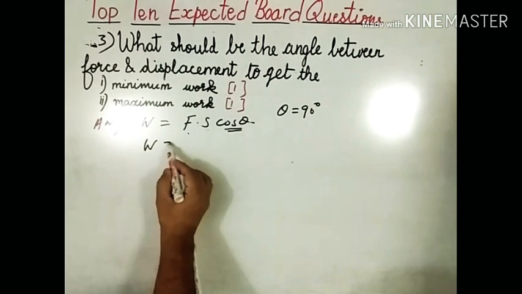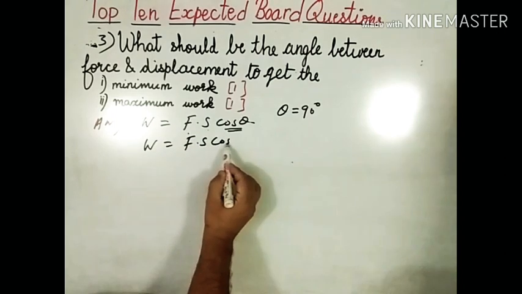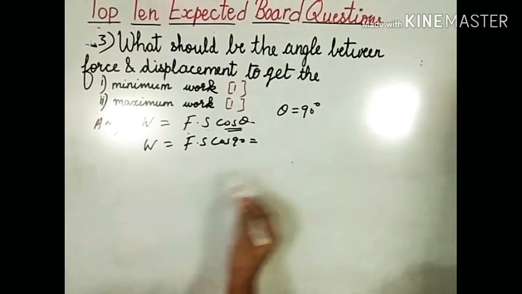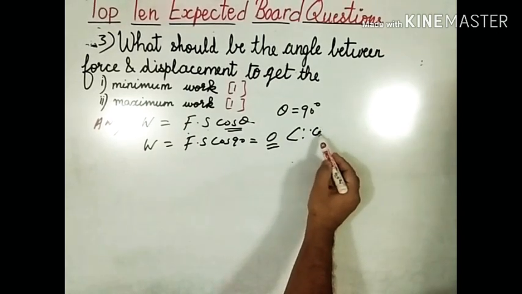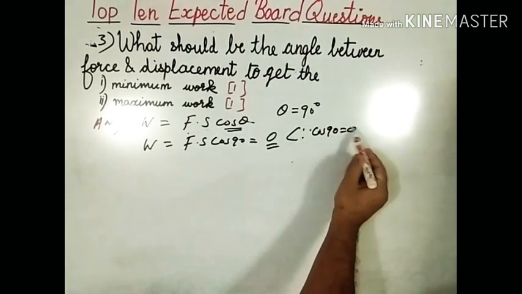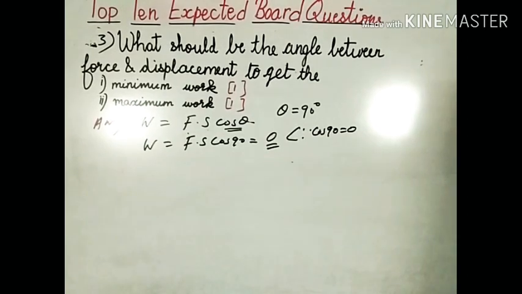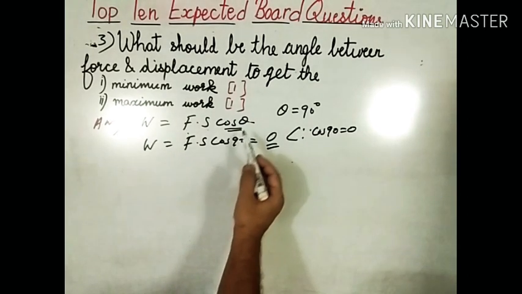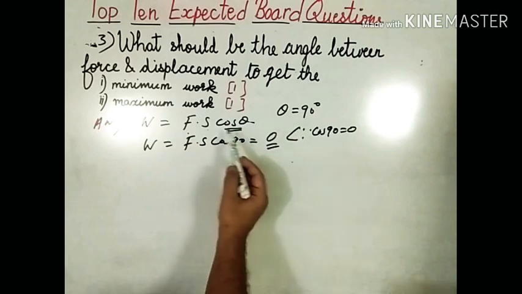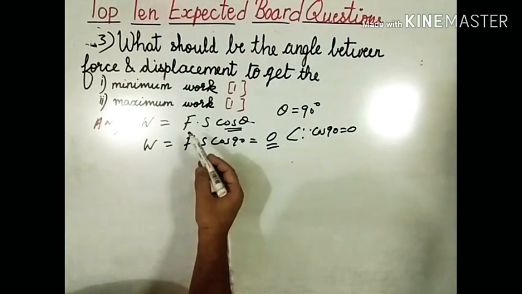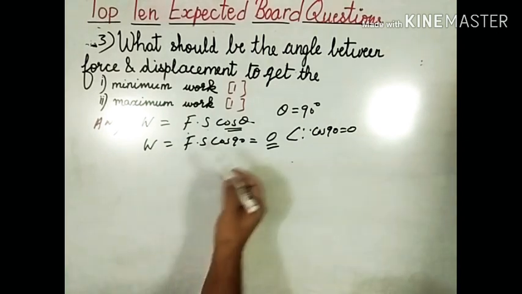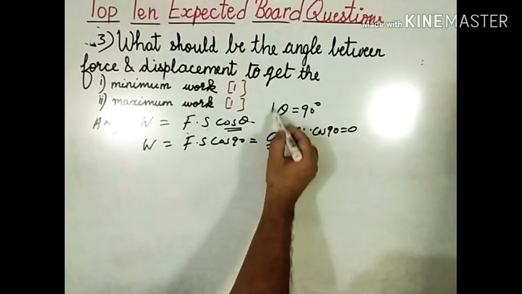So W is equal to F s cos 90, that is equal to 0. So the work done will be 0 when the angle between force and displacement is 90 degree. That is the value of minimum work. Remember, theta is equal to 90 degree.